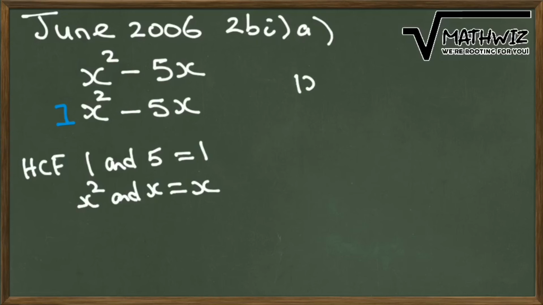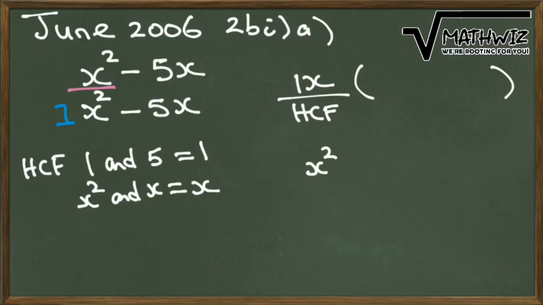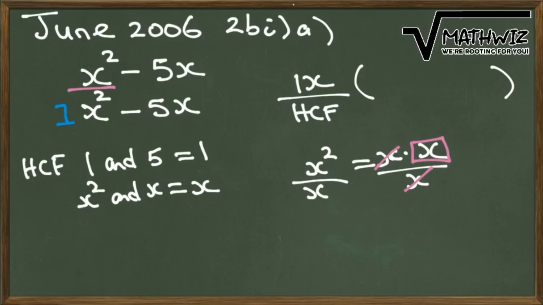So on the outside, we put the highest common factor, and then we put our bracket. Alright, so we take the first term, which is x squared, and we put it over the highest common factor. So we're going to have x times x over x. So the x's will cancel, and what's left over is x.